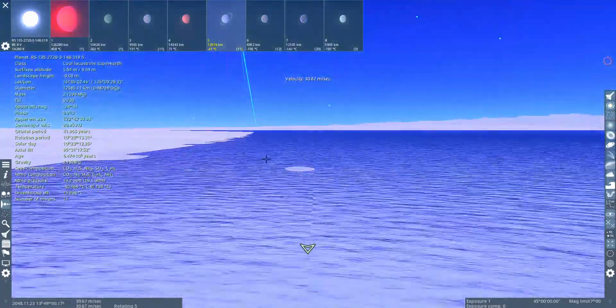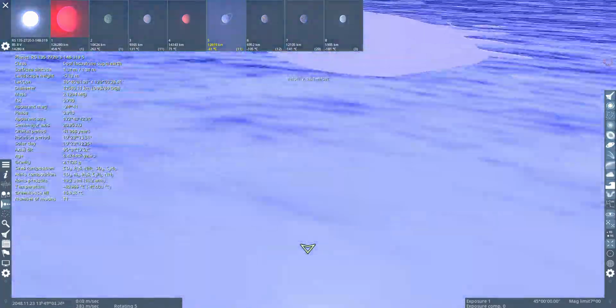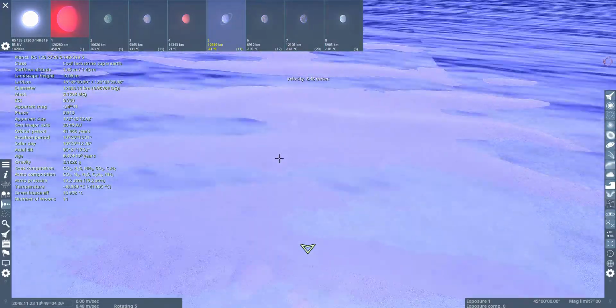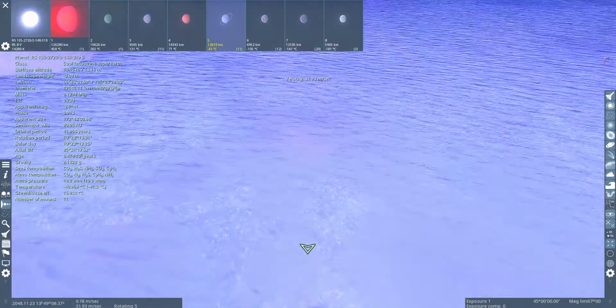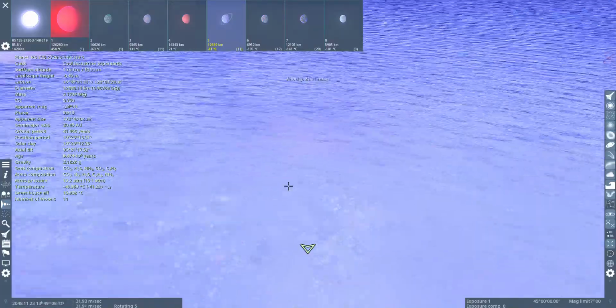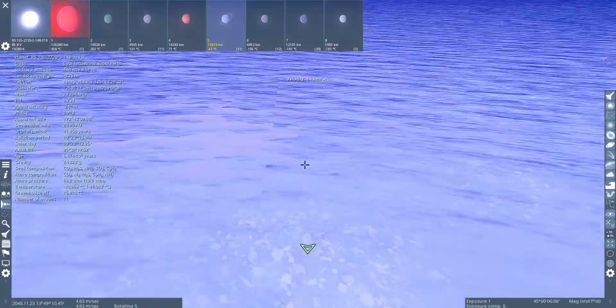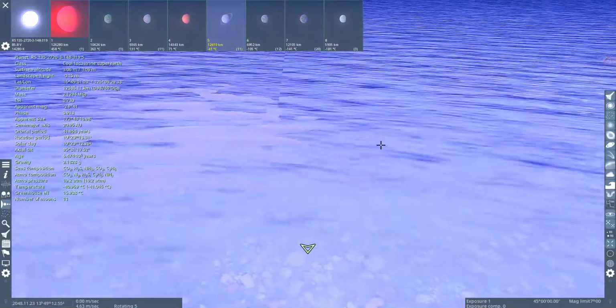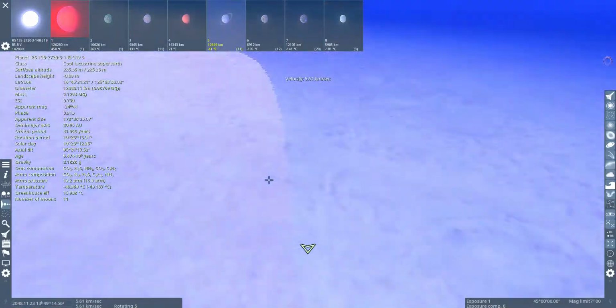There's some little islands. Are they islands? I guess they are, technically. Well, that's weird. There's a little glitch in the water.